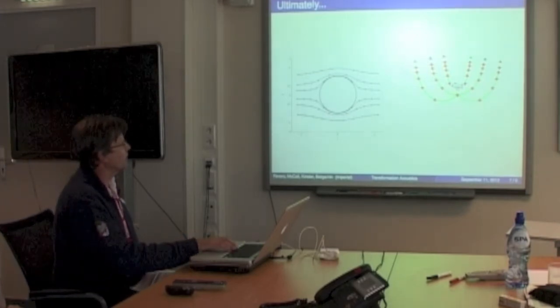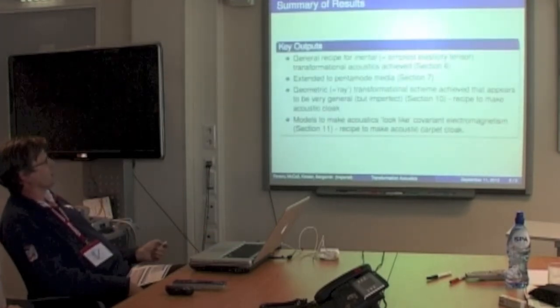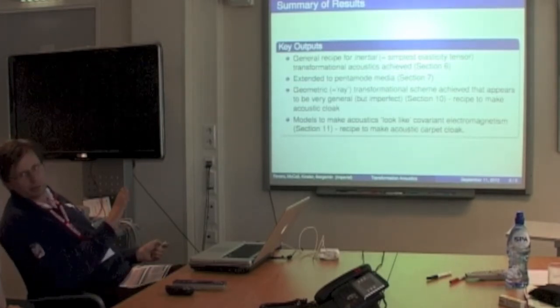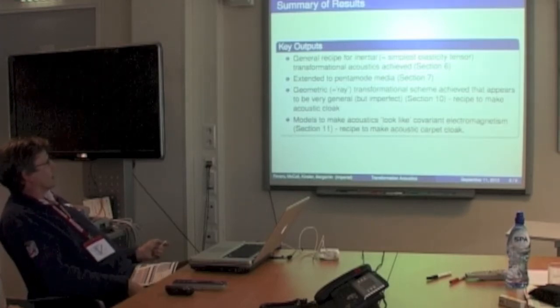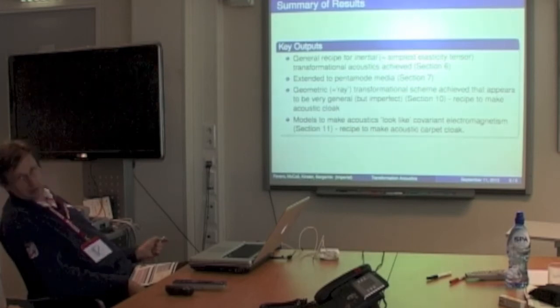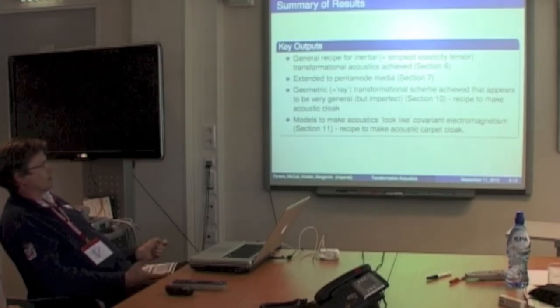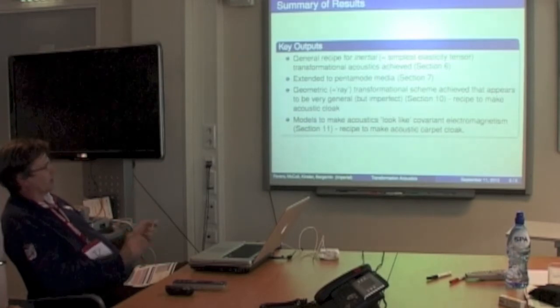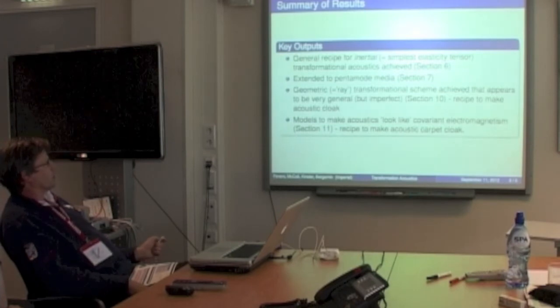And just to summarise in a very quick way, because this will be dealt with more in the main presentation, these are the key outputs from our project. There turns out to be a special case called the inertial limit for the acoustic equations, in which the elasticity tensor takes a very simple form, but the mass density can be anisotropic, and we achieved an exact transformational acoustic scheme for that case.